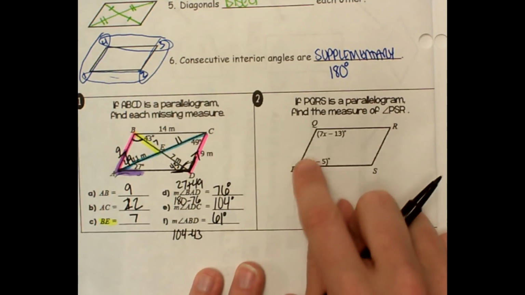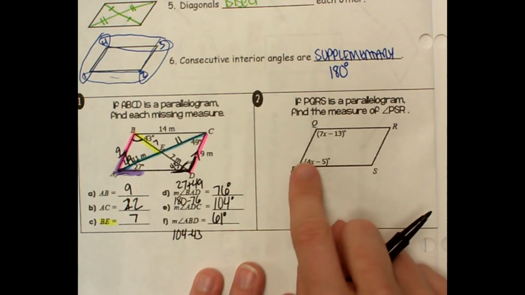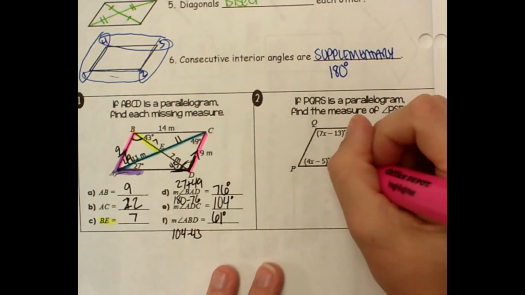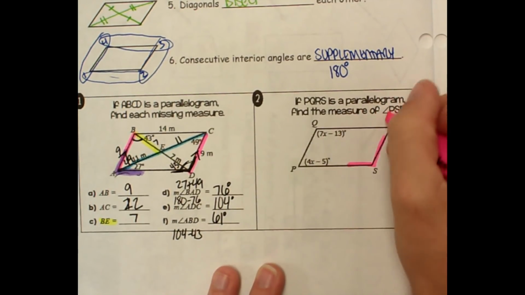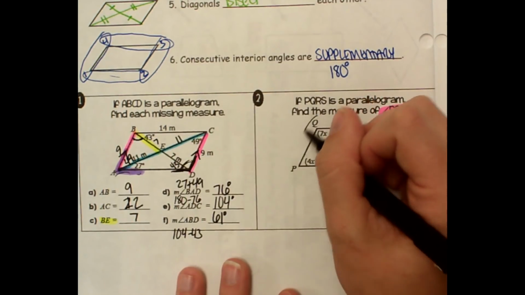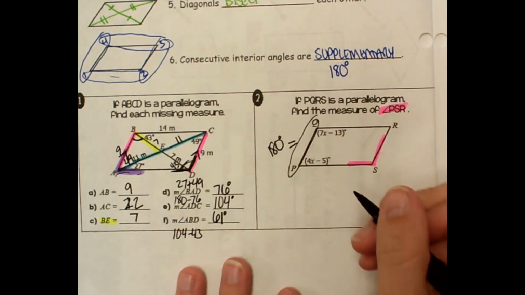If PQRS is a parallelogram, find the measure of angle PSR. So let me highlight that just so we see. PSR, that's the angle that they want. If we look at what they gave us, consecutive angles, that means they're equal to 180 degrees.